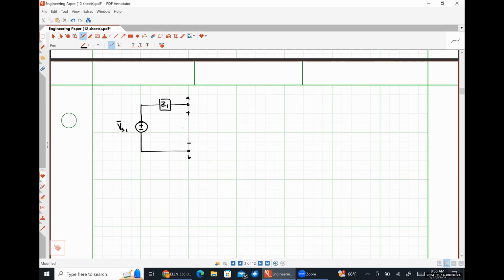This is the voltage drop across our primary, and this is the current flowing into our primary. Here we have our secondary current, I2, our secondary voltage, V2.